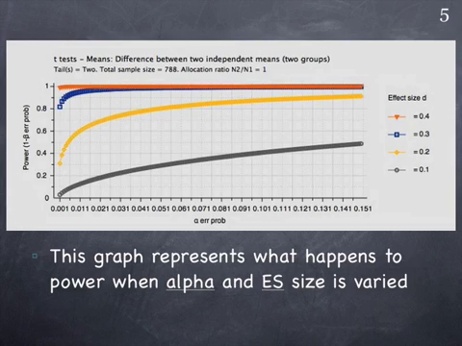Just based on that graph, is having large effect sizes a good way to still have high power and also still keep your alpha level low then?